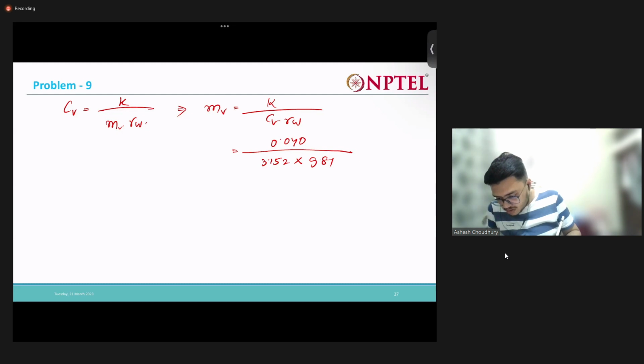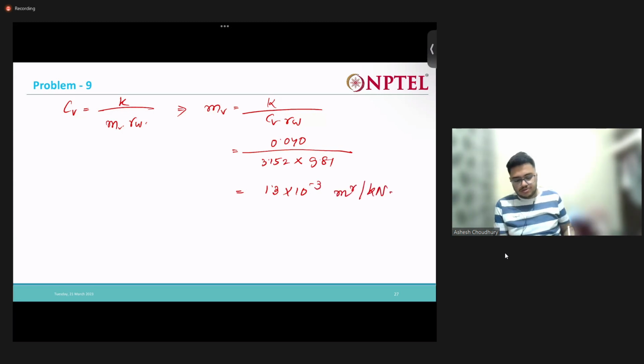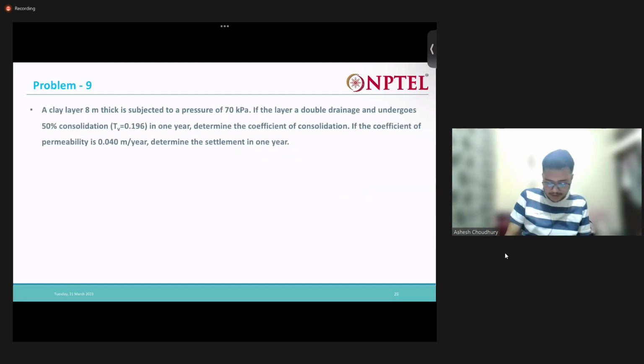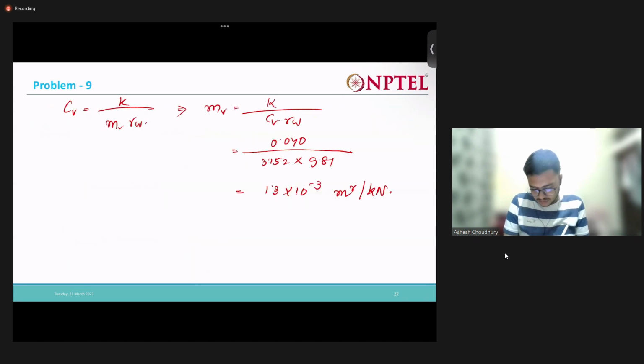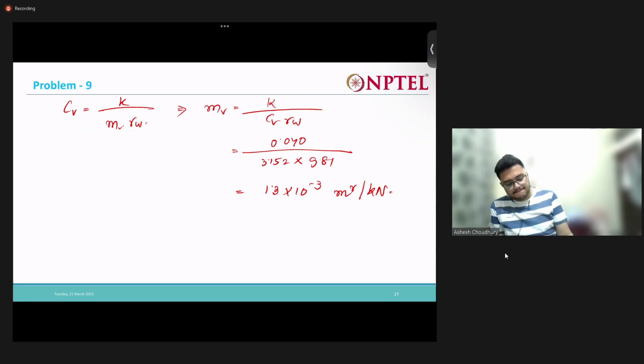So it will be 1.3 into 10 to the power minus 3 meter square per kilonewton. Okay. So you have the mv.